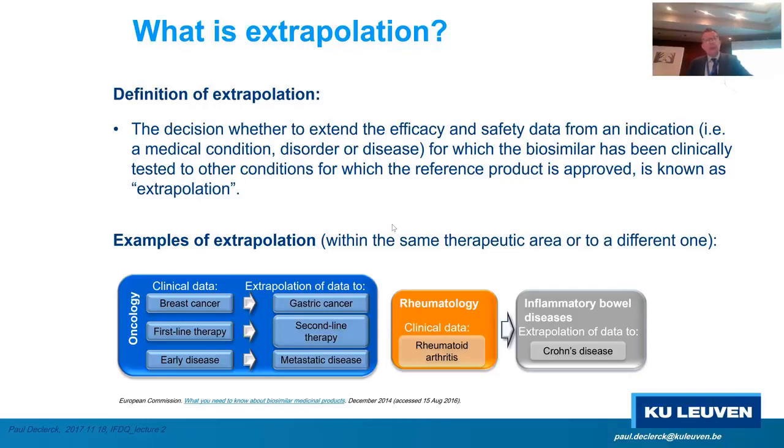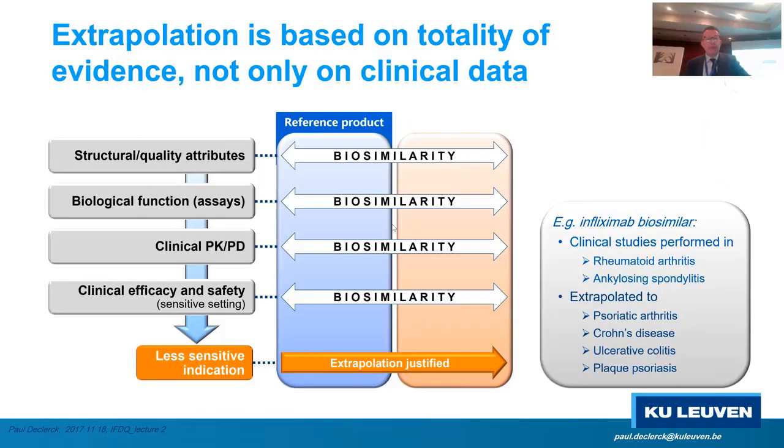Extrapolation, as I mentioned, means that if we see similar efficacy in one indication, we will also grant approval for use in another indication for which we expect it to also have the same effect as the reference product.